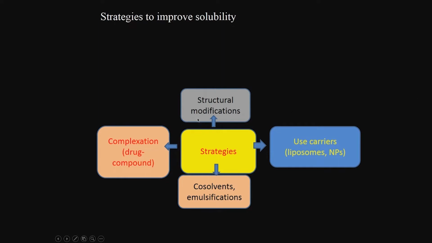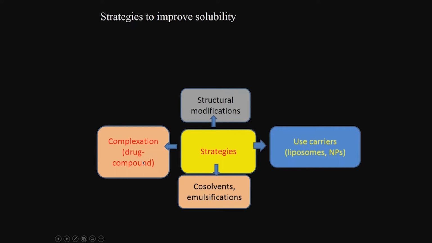Nowadays there is a lot of interest in drug carriers like nanoparticles, liposomes and so on, okay. Then we can use co-solvents, we can emulsify the material so that emulsion is able to dissolve nicely, or we can add a complexing agent, okay, so that it complexes with the drug and hence improve the solubility.